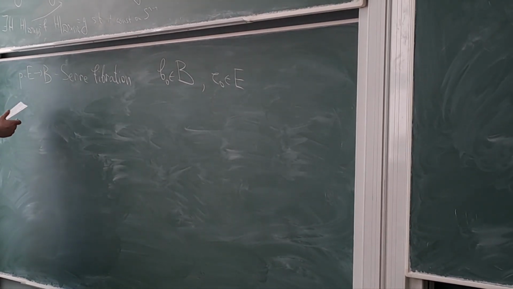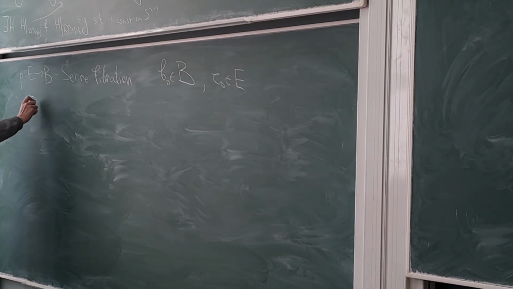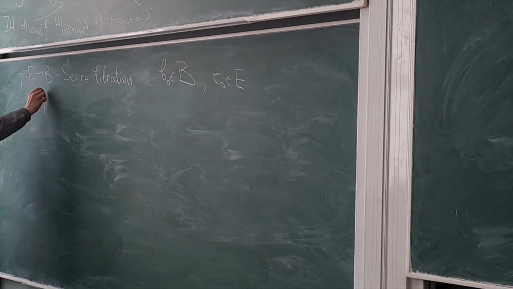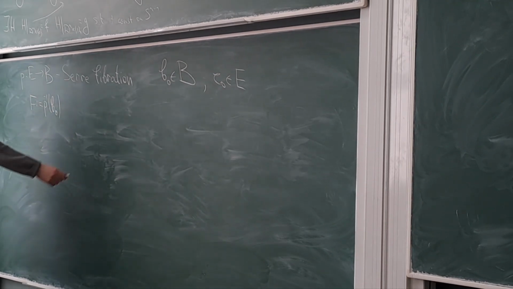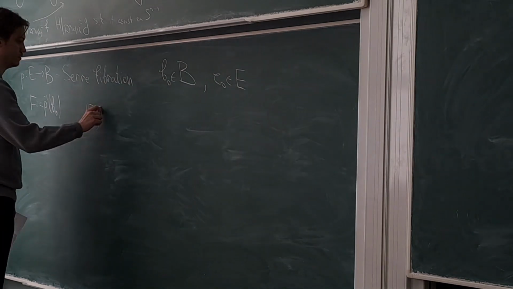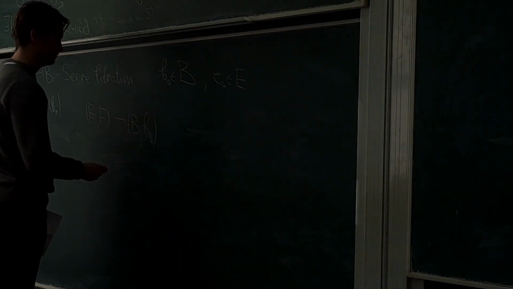So and I'll denote by F just the pre-image of B0. Then P induces a map of such pairs.